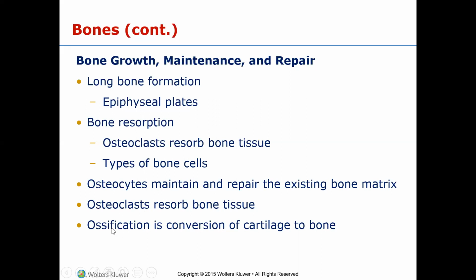And then ossification, that term means that bone is forming, so it's changing from cartilage to bone, and cartilage is found in infants, and it continues to form bone, as I said, all the way up until your 20s, when you get the bone fully formed.